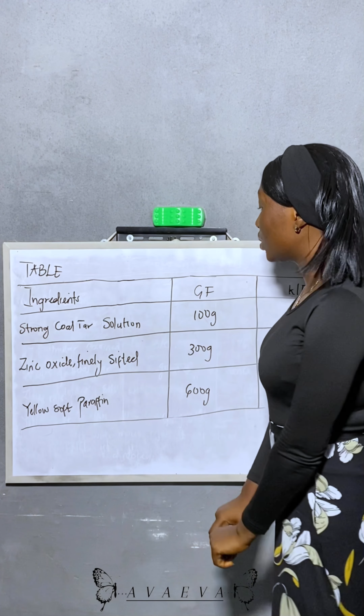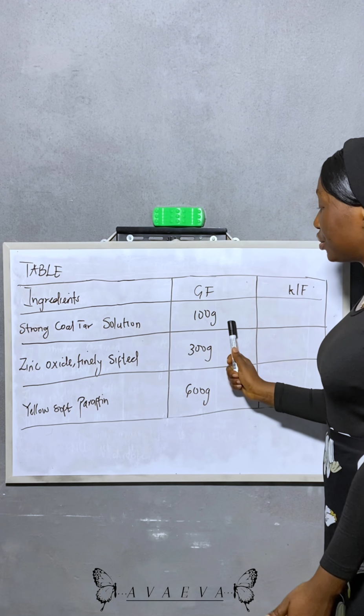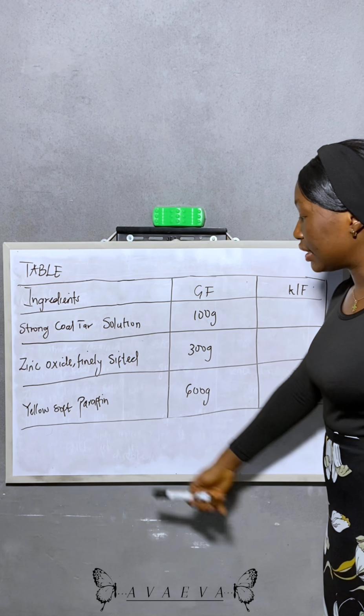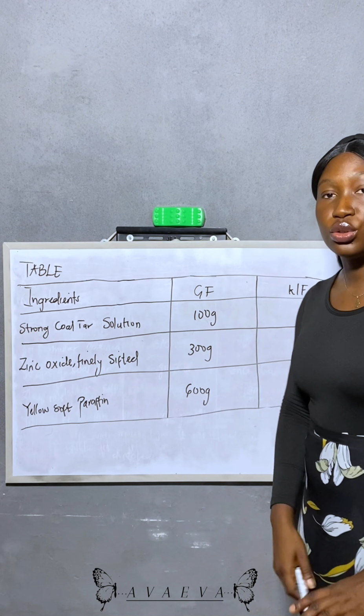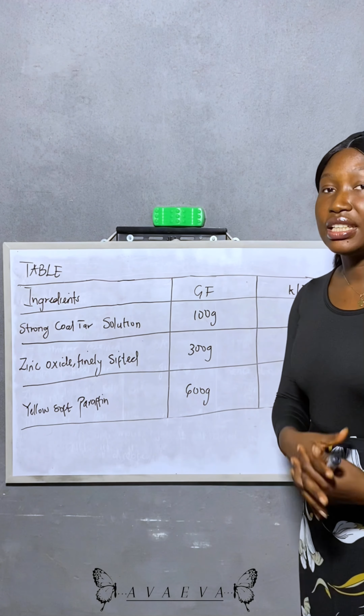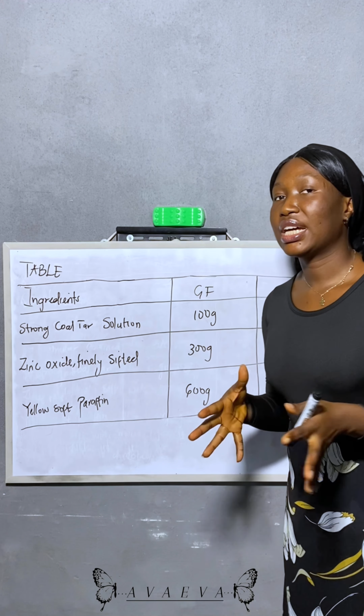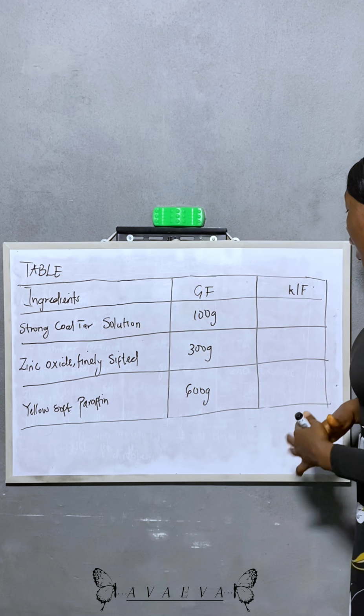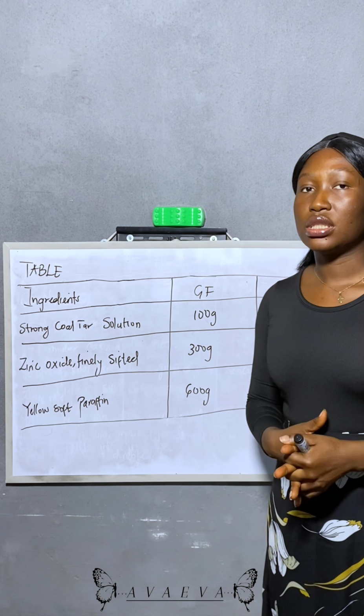We have strong coal tar solution, 100 grams, zinc oxide finely sifted, 300 grams, yellow soft paraffin, 600 grams, all under the given formula. Now you go right ahead into your calculations so that you can obtain your working formula and write it down in the boxes.